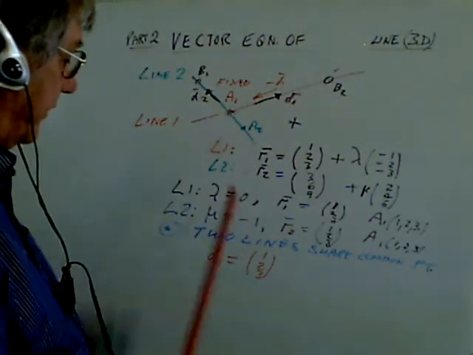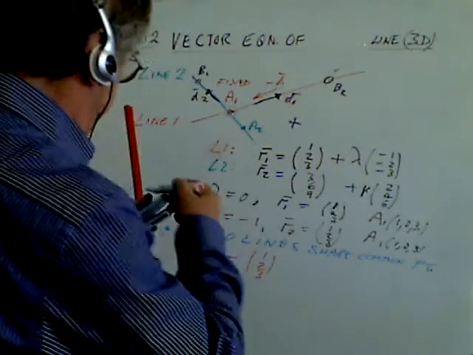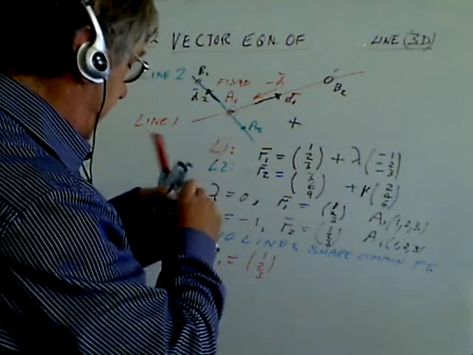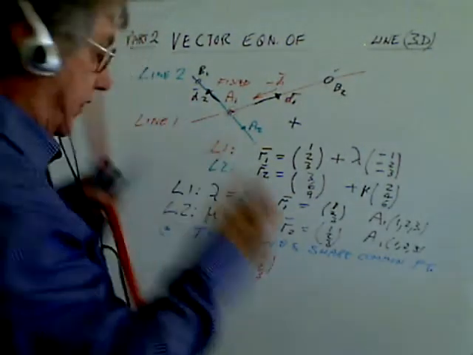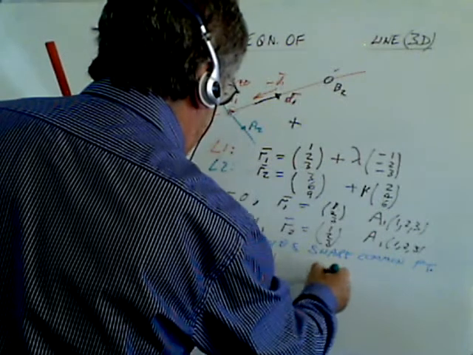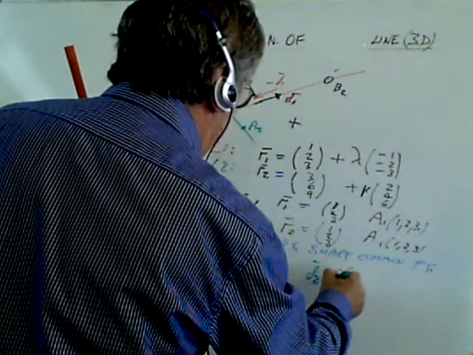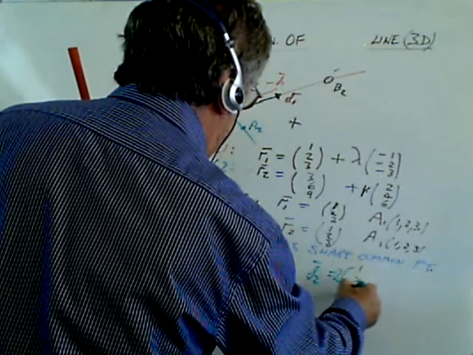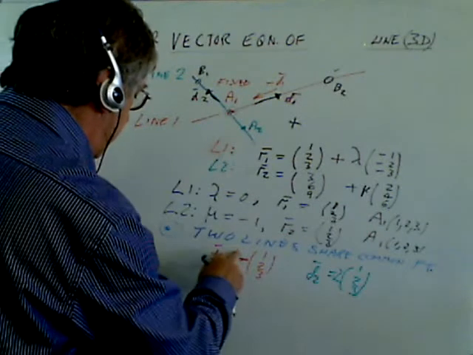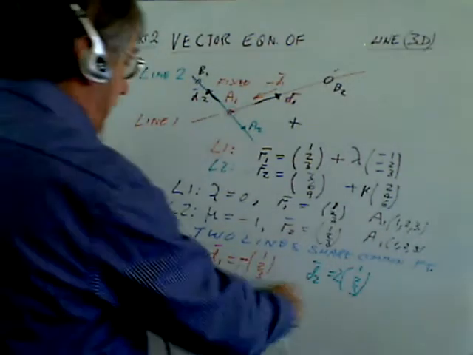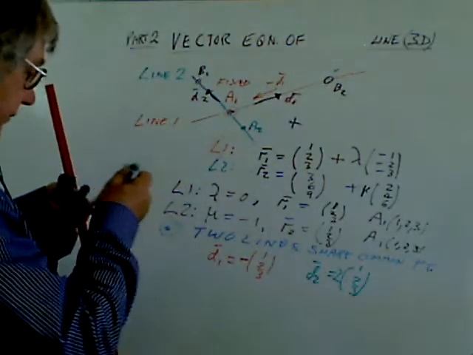The direction here is (1, 2, 3), but the direction for the second line is (2, 4, 6), and that's just a scalar multiple of (1, 2, 3). I can put a minus in here, to be a bit more precise. So D1 is -(1, 2, 3), and D2 is 2 times (1, 2, 3).